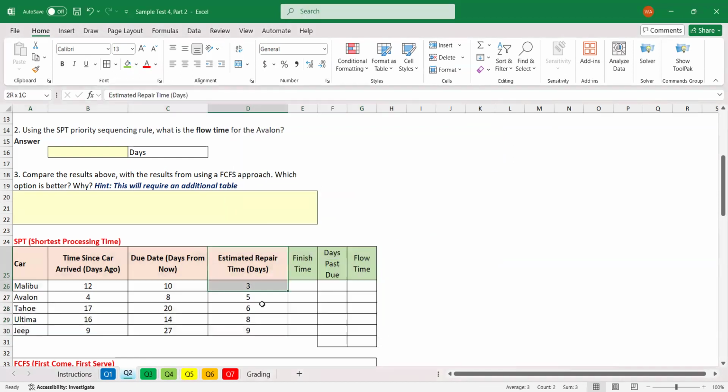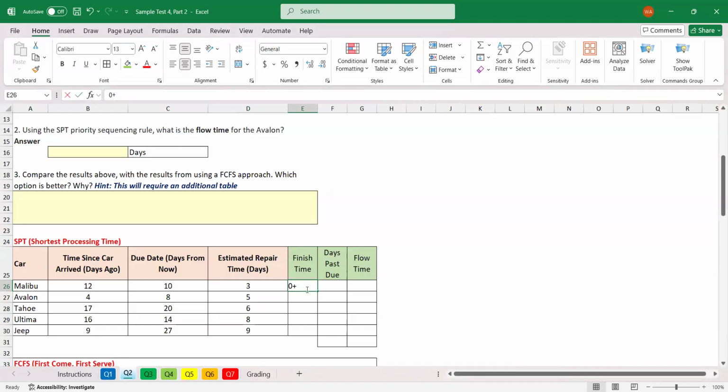And you note here that everything is sorted out. The car that goes first then becomes the Malibu. And now you have to fill out the rest of the table. So the finish time for the Malibu, assuming that we started today's time 0, it takes 3 days to repair this vehicle.